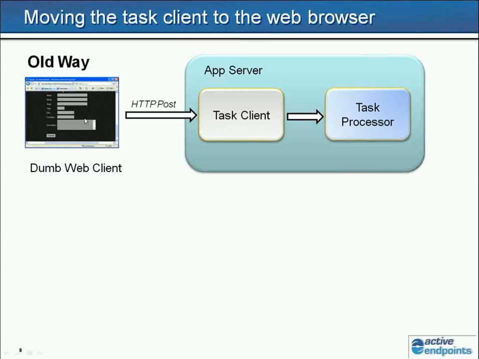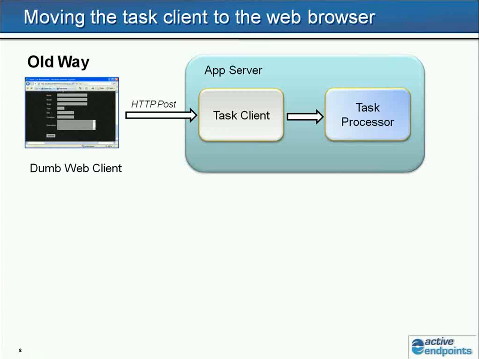And then it serves it up to the user just using straight HTML pages and getting the results using an HTTP post. So there's this intermediary, this guy in the middle, that is taking stuff from the user as web pages and turning it into web service WS-HumanTask calls to talk to the task processor.